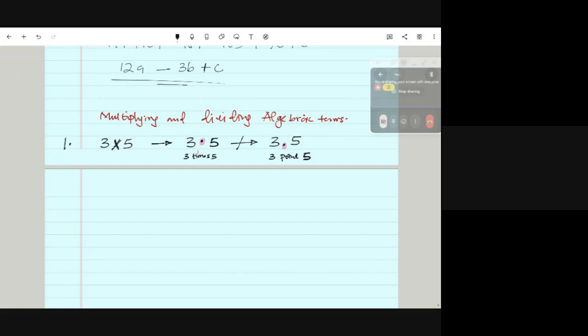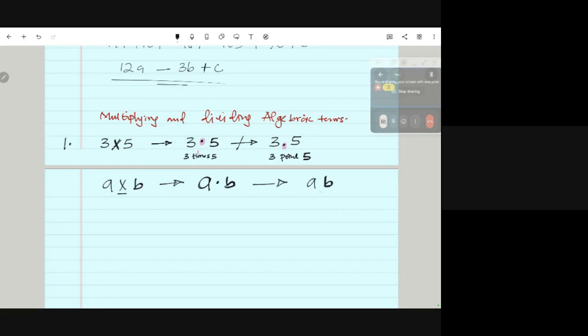So now, when we come to algebraic expressions, let's say we have A times B. This A times B can be represented using A dot B. But due to lots of usage, we can even permanently avoid the times and the points and just say we have AB.